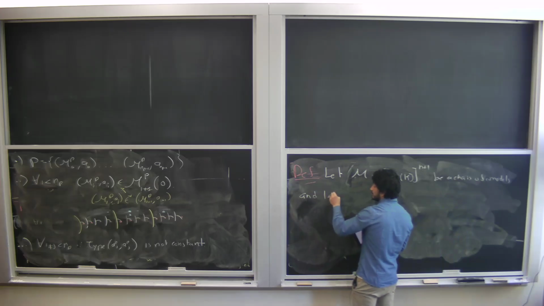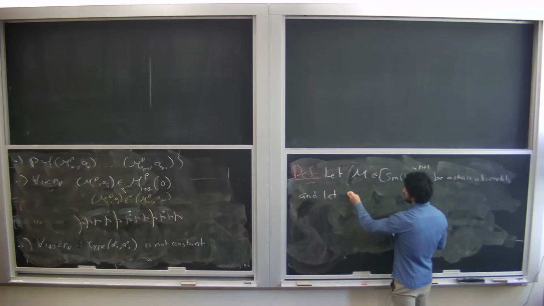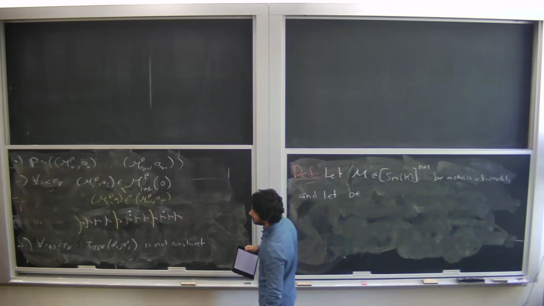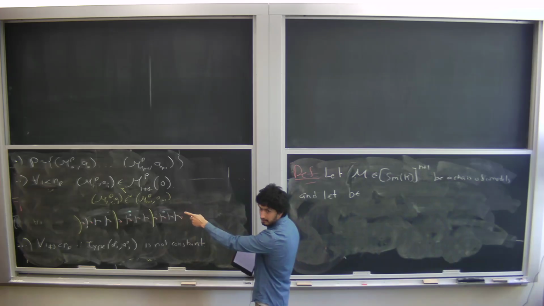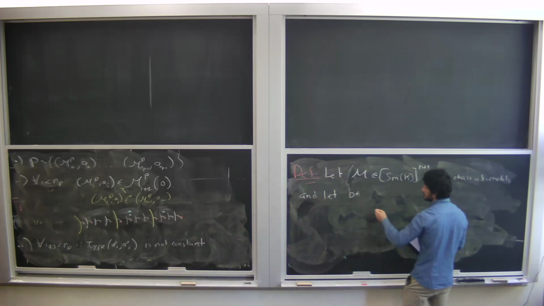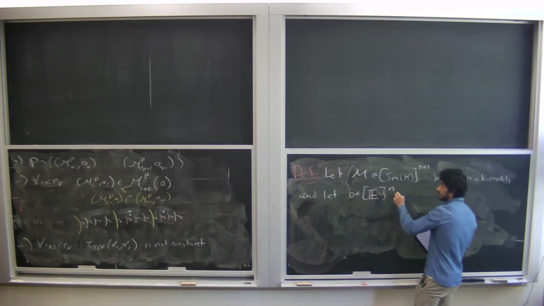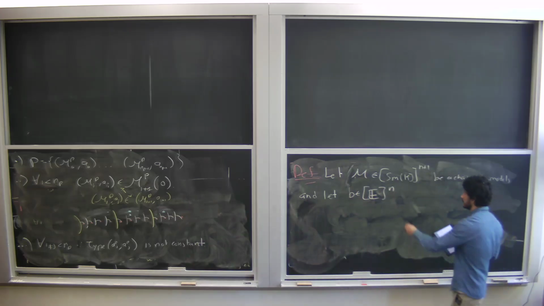And let me call it B. In this case, not in X^n, but in E^n. B in E^n.